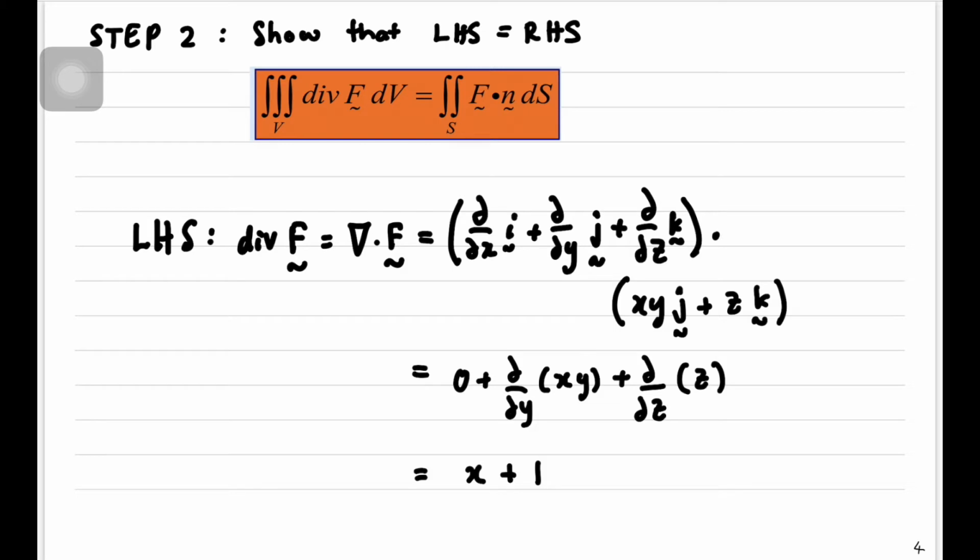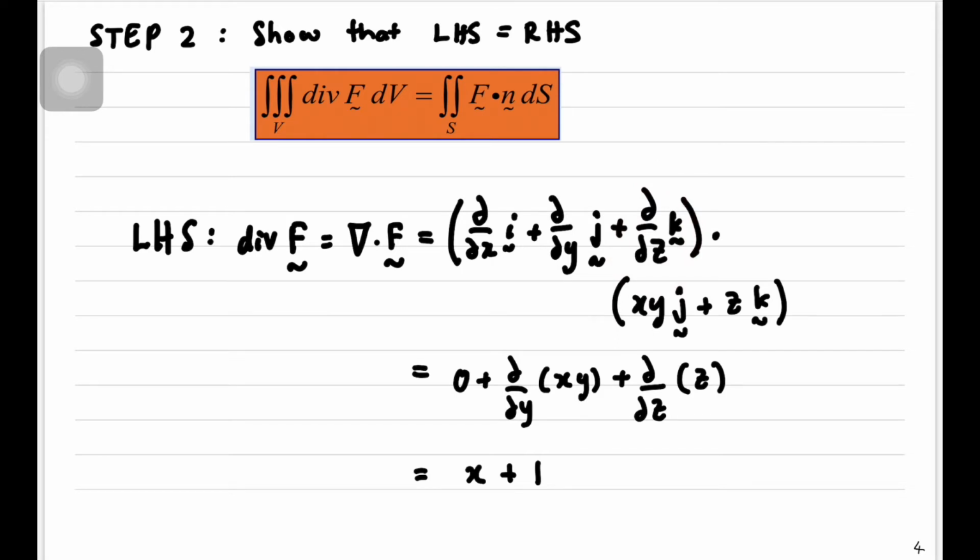Let's do the calculation for the left hand side first, the triple integral. Okay, first you need to find the divergence F. So given F here is xy j + z k, you have to differentiate each of the elements here. First element differentiate with respect to x, second element differentiate with respect to y, and the third element differentiate with respect to z.